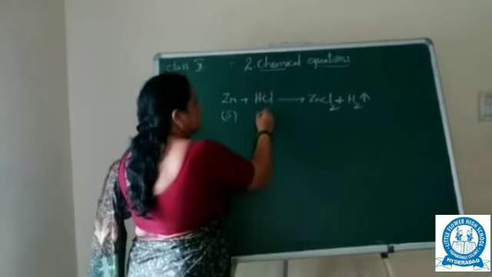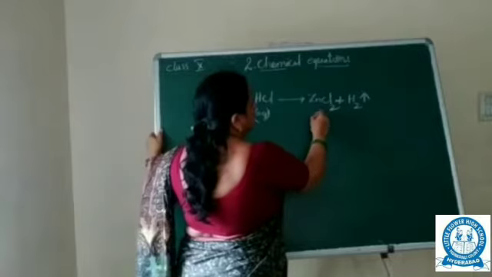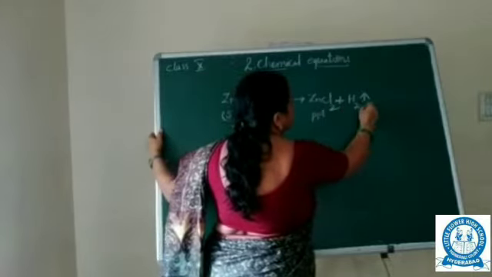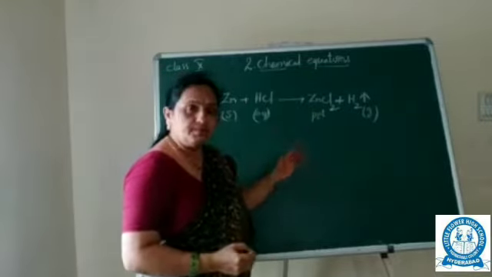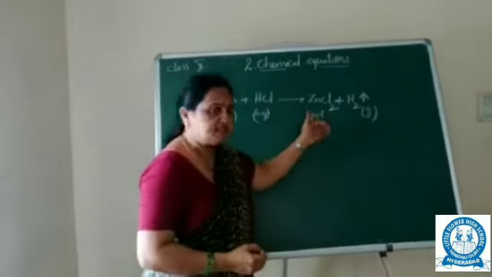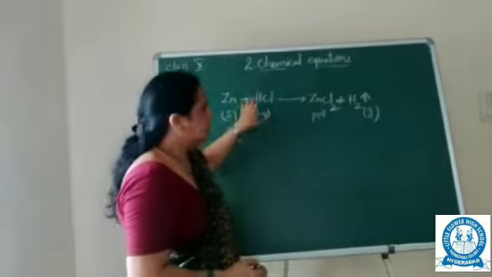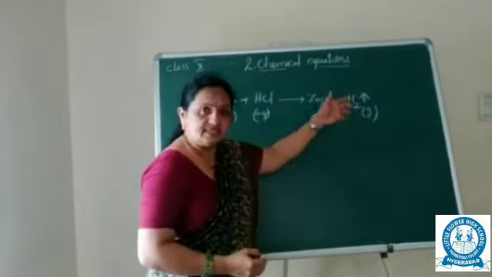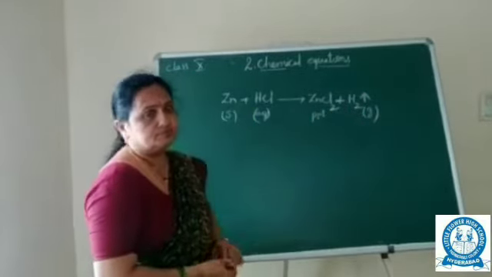This is aqueous, zinc chloride is aqueous, and this is gas. So, by this equation we come to know the reactant states and the product states. Here zinc is in solid state, hydrochloric acid is aqueous, zinc chloride is aqueous, and hydrogen gas is released. So, we show an upward direction arrow.